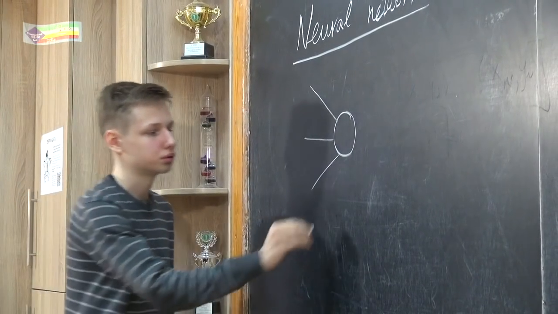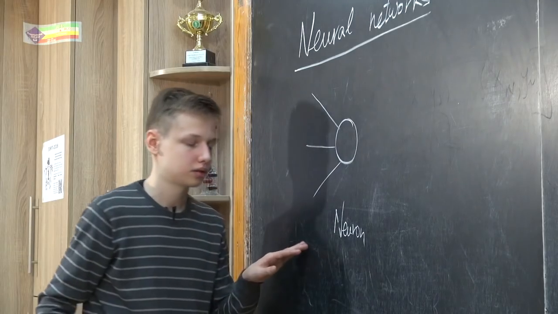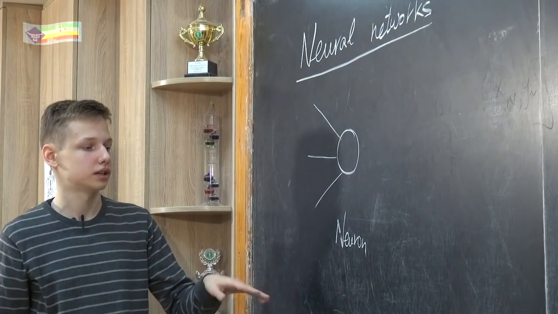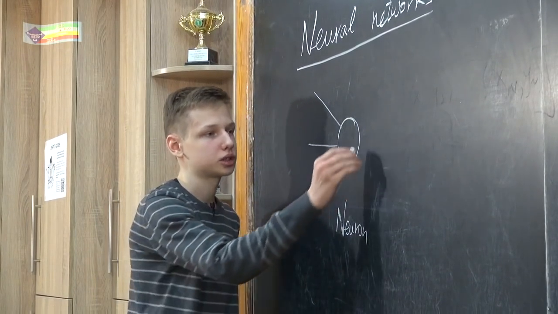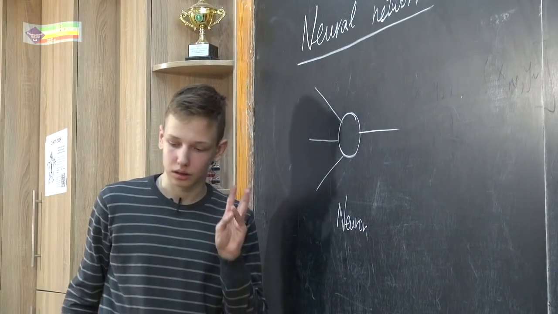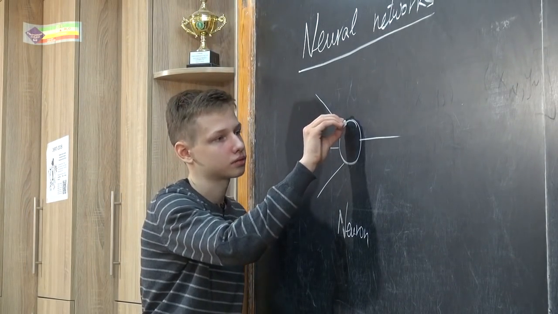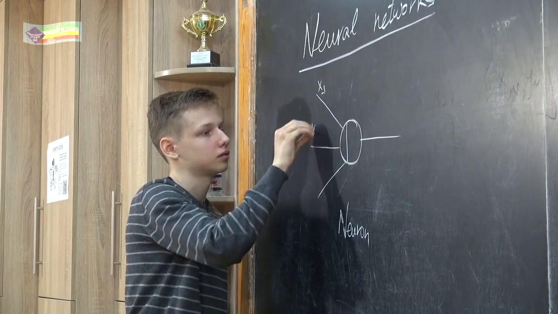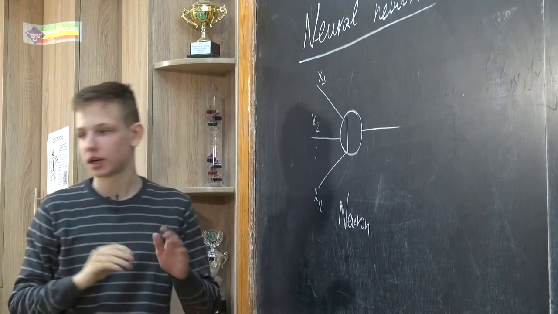This is called a neuron, and we are not confusing it with a real neuron. Right now it's only a mathematical abstraction, and it has three crucial features. First, its inputs. Here we have different inputs, and there can be as many of these inputs as you want.